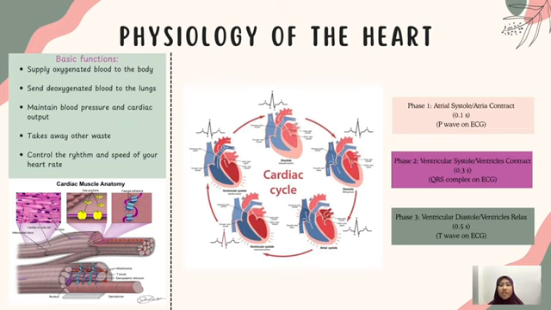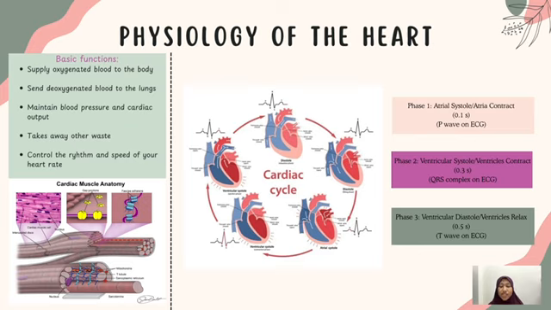So I'll be talking about the cardiac cycle of the heart. The heart works in a continuous cycle called the cardiac cycle, which consists of three main phases. First is atrial systole, where the atria contract to push blood into the ventricles, and this corresponds to the P wave on the ECG.